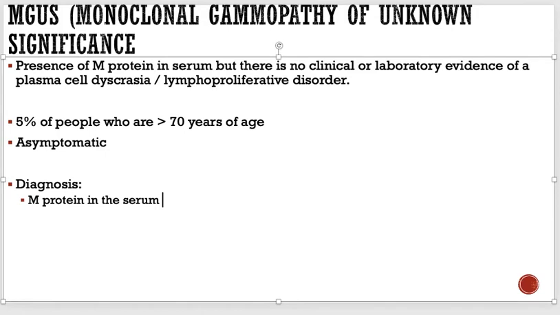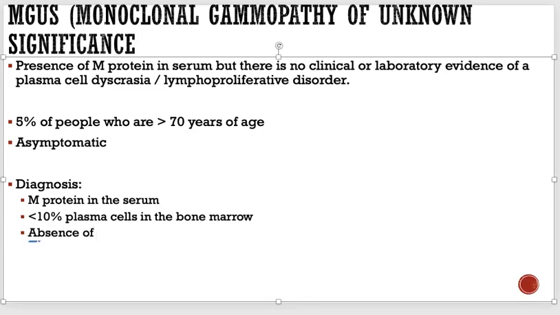And there should be less than 10% plasma cells in the bone marrow. And the third thing is, there is absence of CRAB.